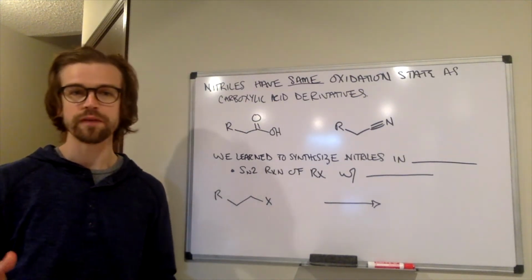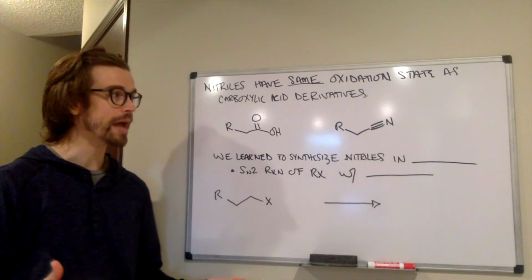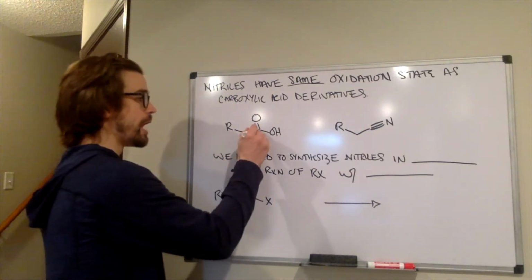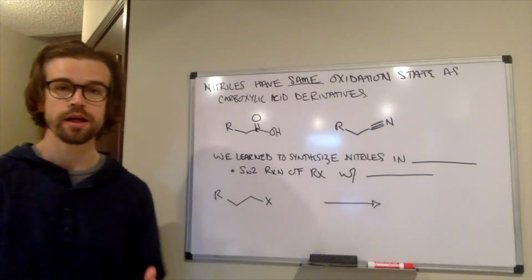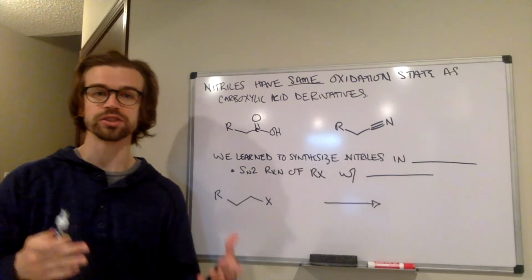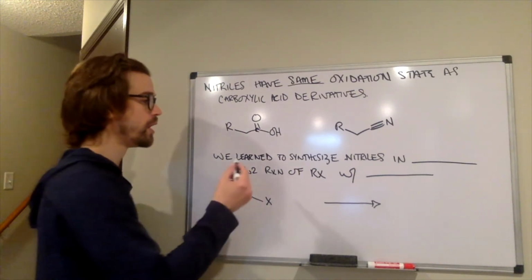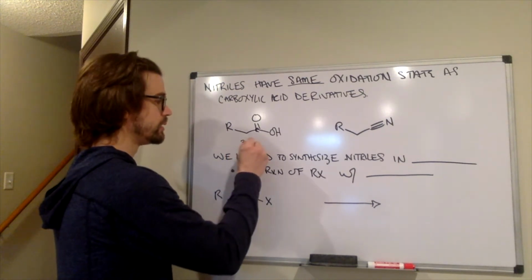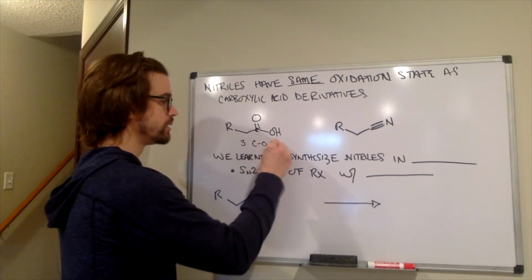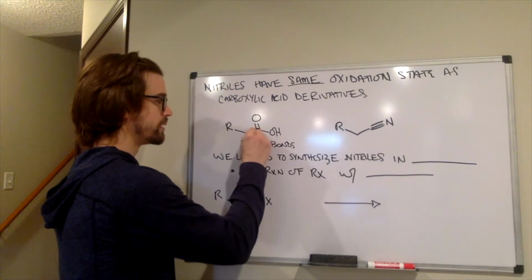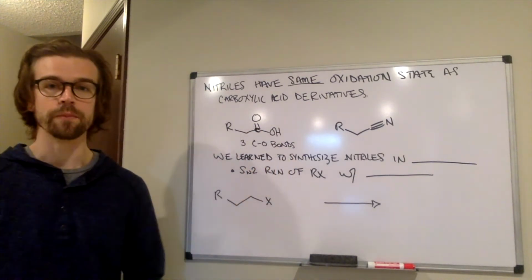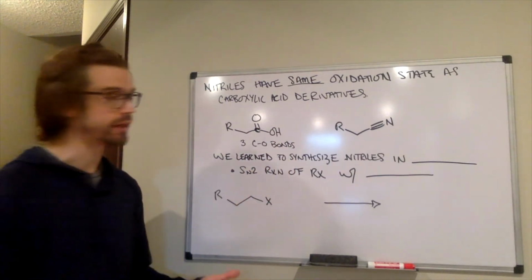So how do we define oxidation state of a carbon atom? Well, this carbon atom is attached to 3 oxygens, nitrogens, or halogens. So essentially more electronegative atoms. So there are 3 CO bonds from this carbon to oxygens. So that would be an oxidation state of 3.